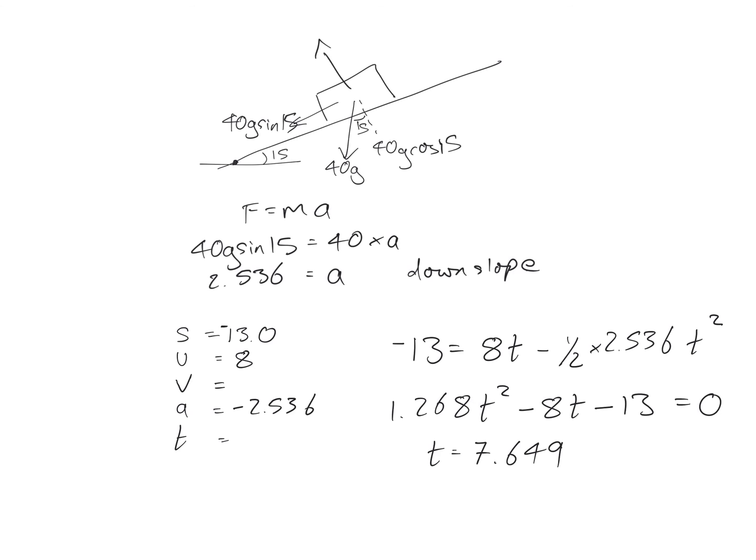And if I put the minus in there, then we get a negative answer. So that's our answer, t equals 1.65 seconds to 3 significant figures. And there we have it.